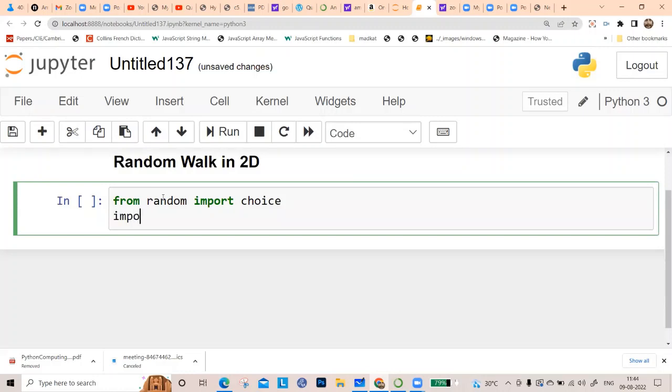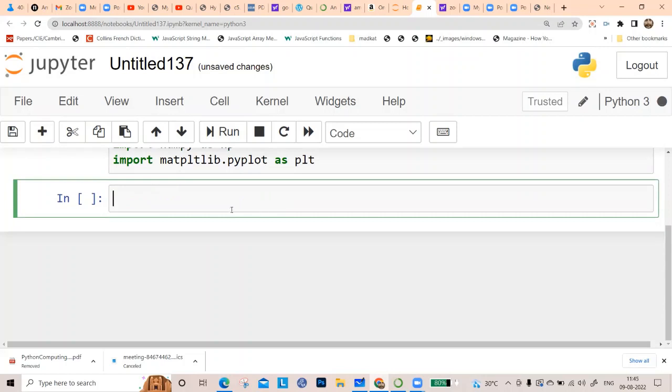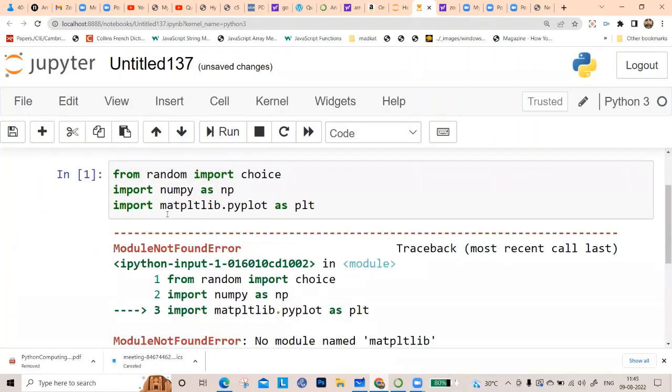And of course, we need numpy as np, and to plot, we need matplotlib. Import matplotlib.pyplot as plt. All these three things we require. Okay, let me import them. These are the basic imports.